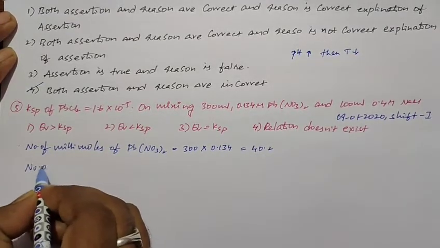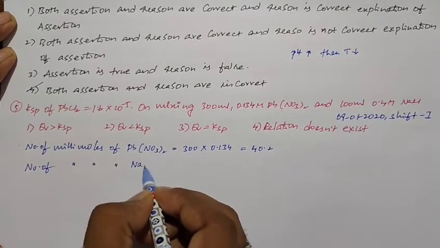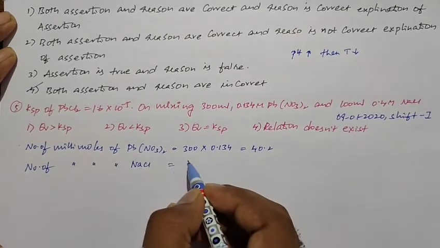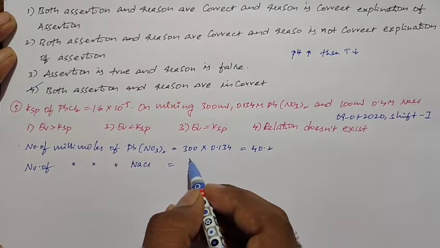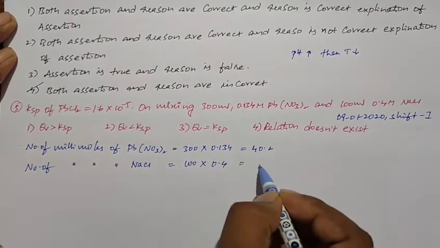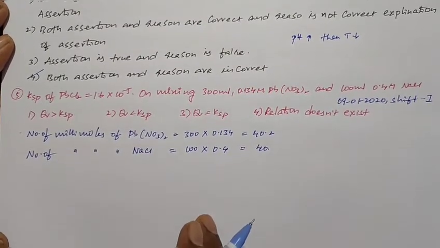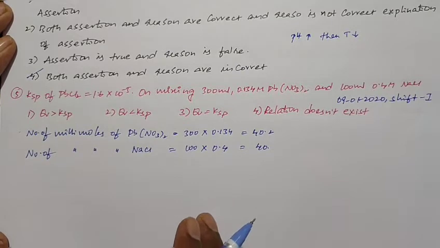Next, the number of millimoles of NaCl in the given 400 ml solution. That is 100 into 0.4, then we get 40. Now we need to find the concentration of lead ions and chloride ions in the given mixture, I mean 400 ml.